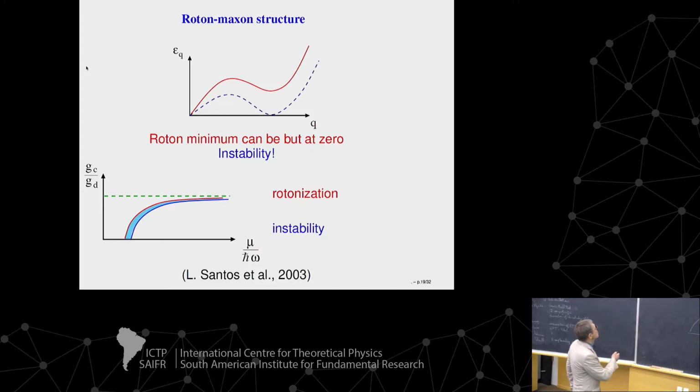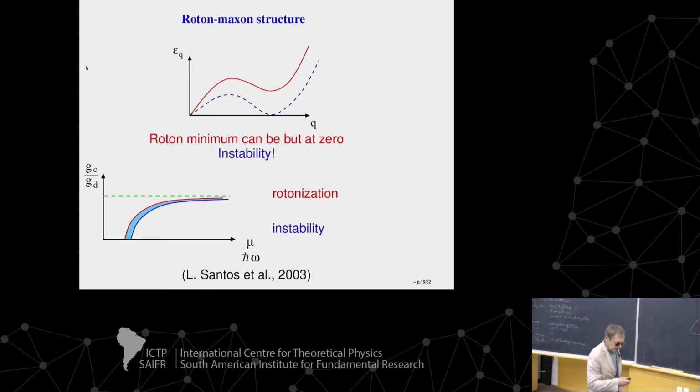Here is the ratio of this critical g to g dipole. This is the short range, yes? So you get the region of rotonization, and then you get instability, yes? And this has been done in this paper, Luis Santos et al. Et al. is Maciek Lewenstein and myself, and this paper was done in 2003, yes?